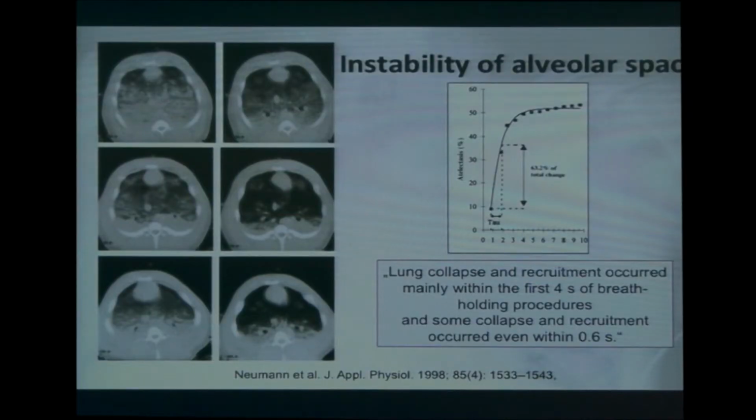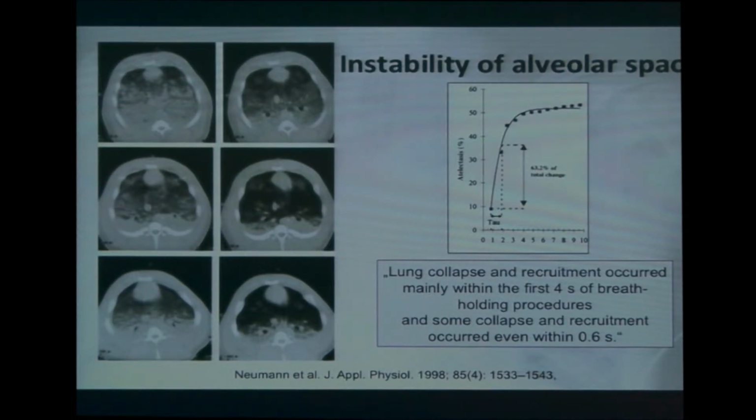Well, coming back to this issue that we have to stabilize the alveolar spaces, we have to realize that the time that is needed to reach a lung collapse is rather short, and we heard that from Dr. Slutsky today. Within the first 4 seconds, or even down to 0.6 seconds, are needed in order to see such a collapse.